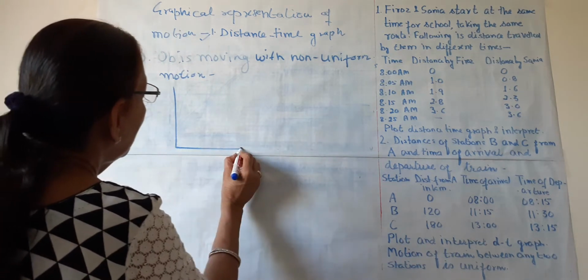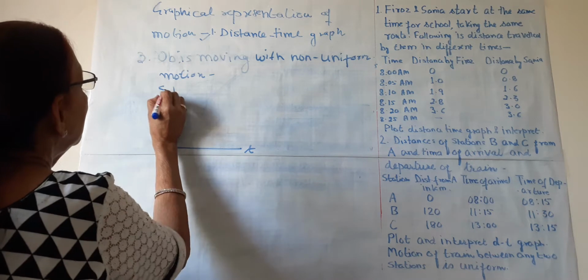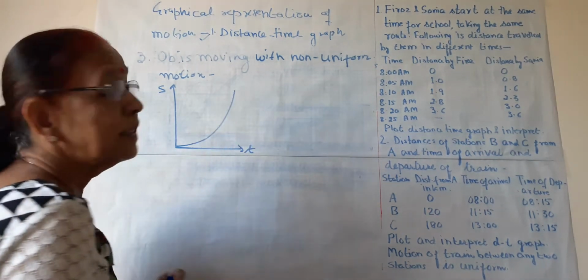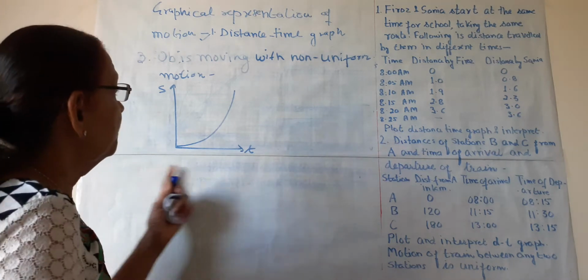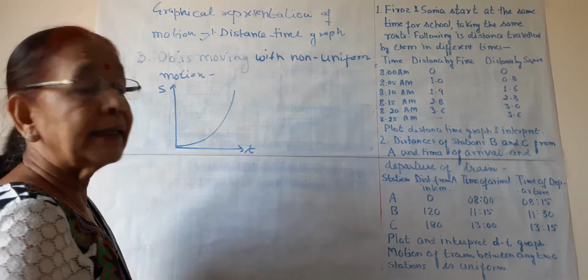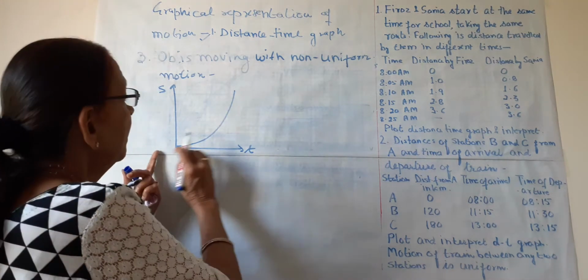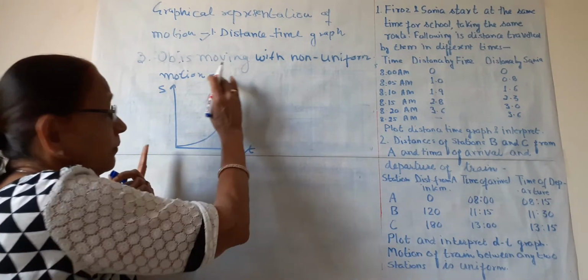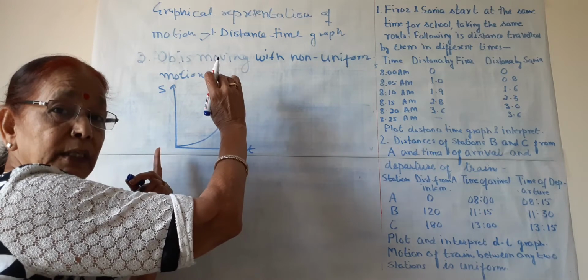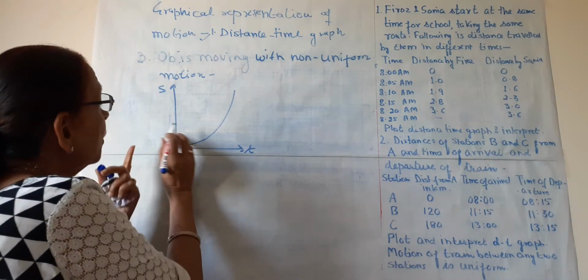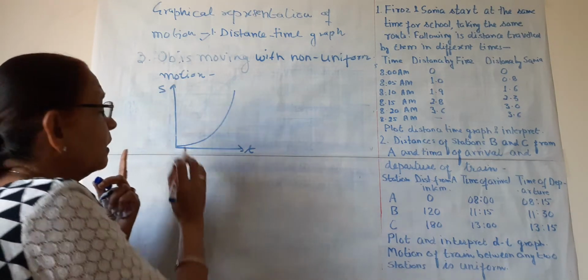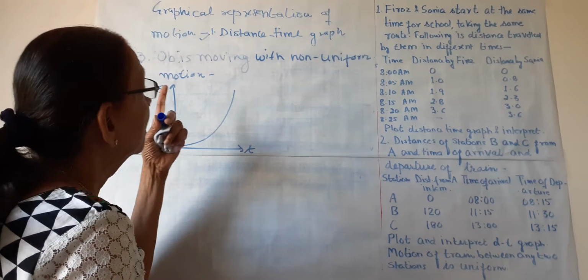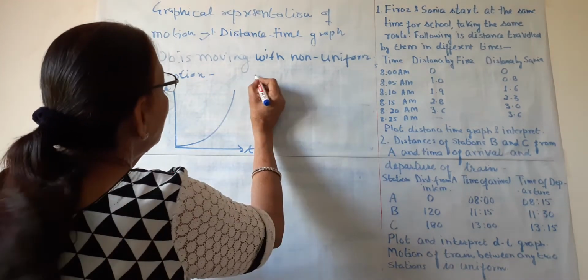And the graph, suppose the graph line is like this. What is it showing? It is showing that distance is also increasing, speed is also increasing, and unequal distances are covered in equal time. So this is the graph showing non-uniform motion.